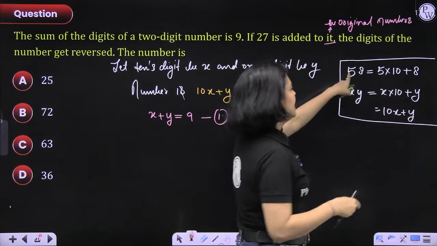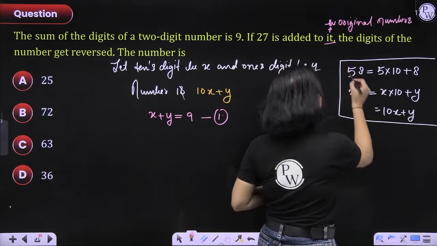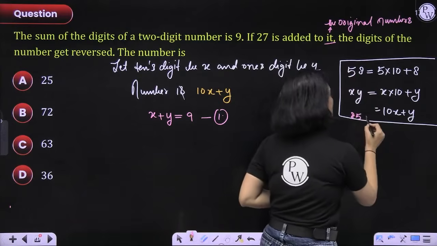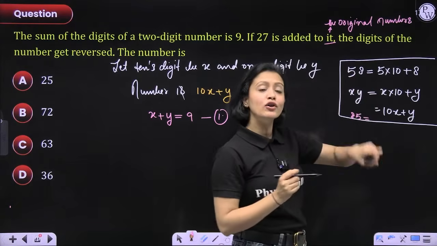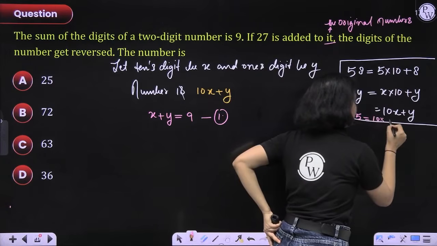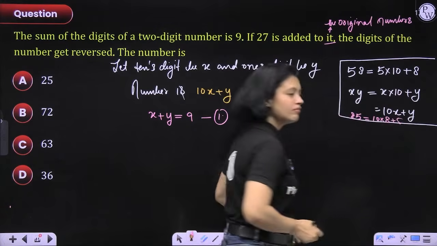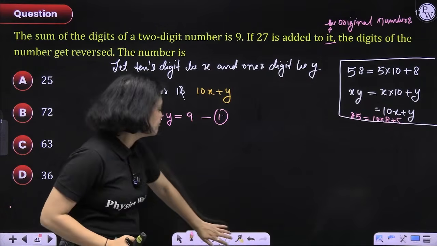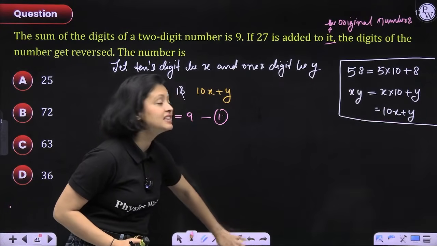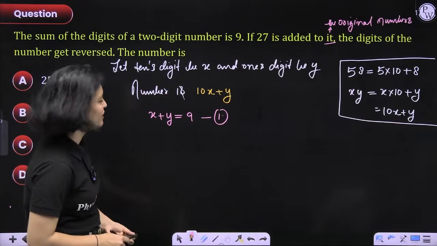For example, if I exchange the digits of the number, this number will become 85. So, how will you write its expanded form? Now, the 1's digit has become 10's digit, right? So, 10 into 8 plus 5. When you are exchanging the digits of a number, the 1's digit becomes 10's digit and the 10's digit becomes 1's digit. Okay, everyone?